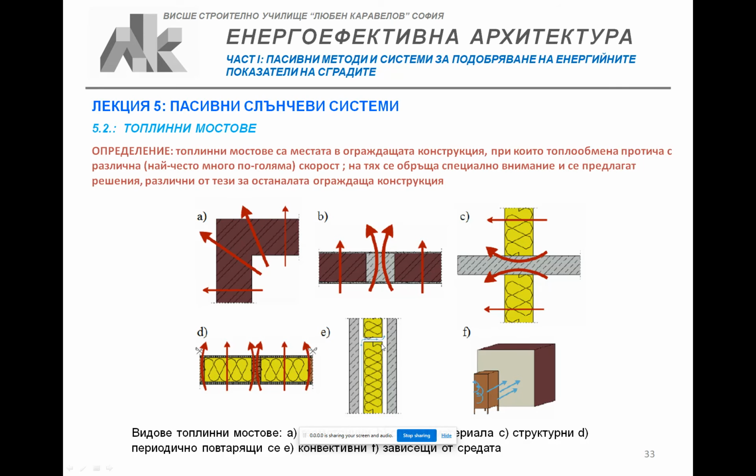The next group are the convective thermal bridges, and they are where we have gaps between different elements, let's say between the walls and the cases of the windows, or the cases of the windows and the wing of the window that is opening and closes, and where air can pass and moves.